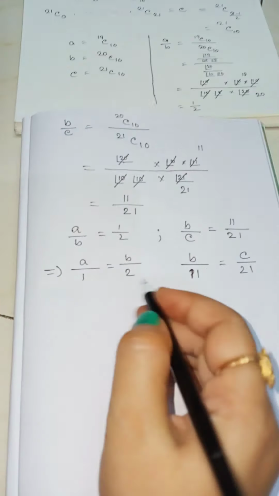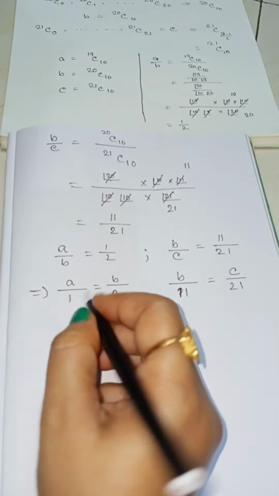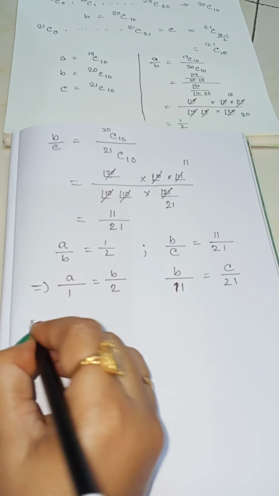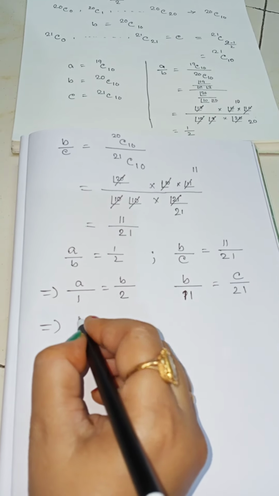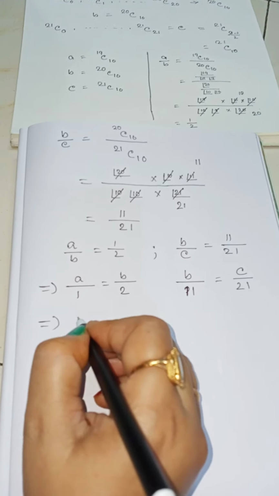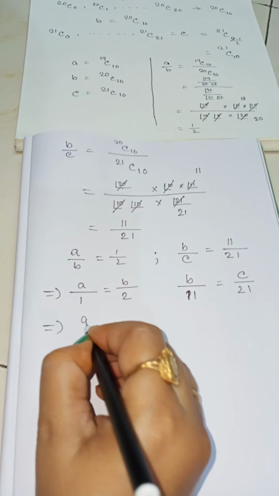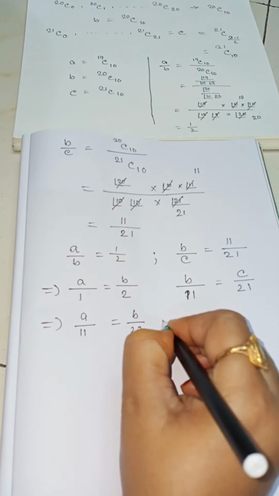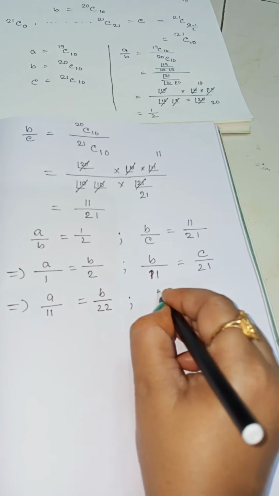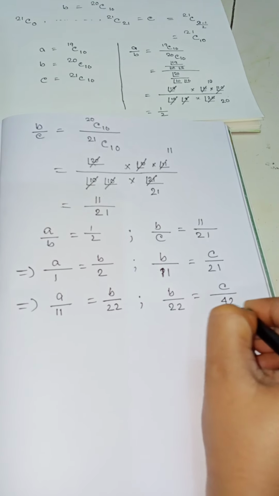To reach the question as given, we multiply both sides by 1 by 11, so it becomes 1 by 11 is equal to B by 22, and multiplying with half, it becomes C by 42.